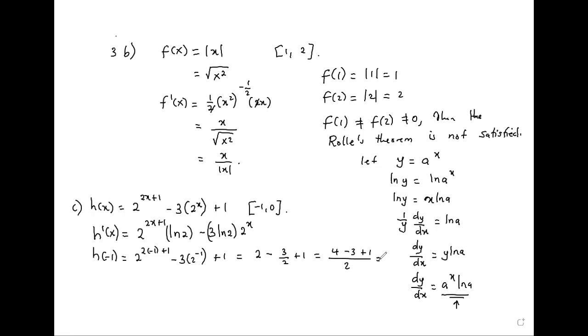Oh, you see the mistake. There's a mistake here. This is going to be 2 to the power -1 minus 3 times 2 to the power -1 plus 1, which is the same as 1 over 2 minus 3 over 2 plus 1, which is 1 minus 3 plus 2 over 2, which is 0.